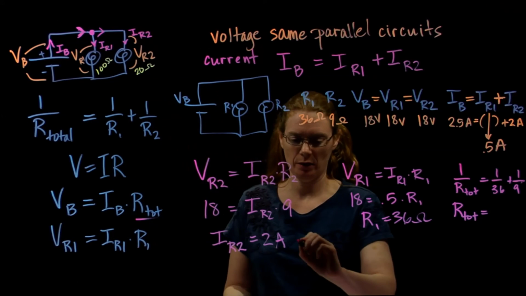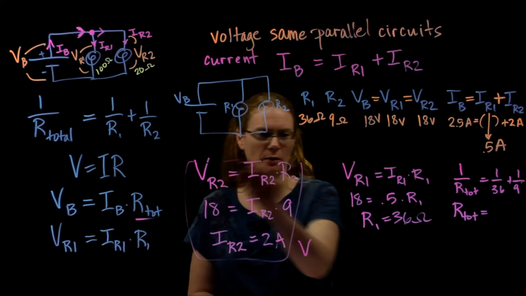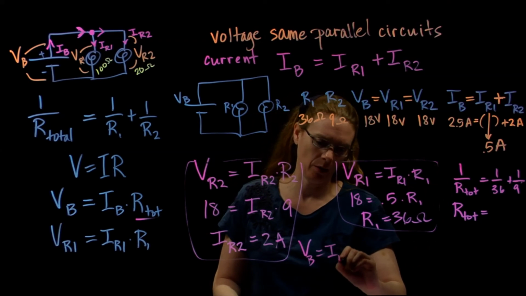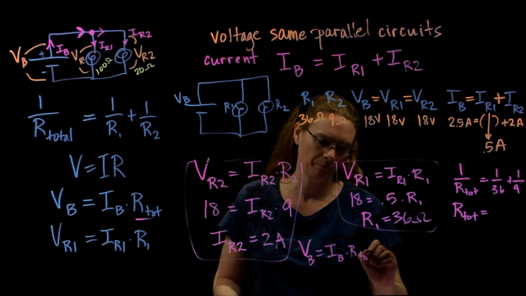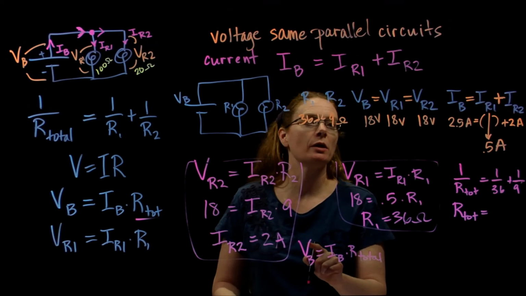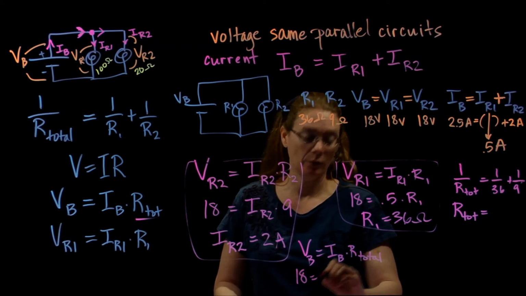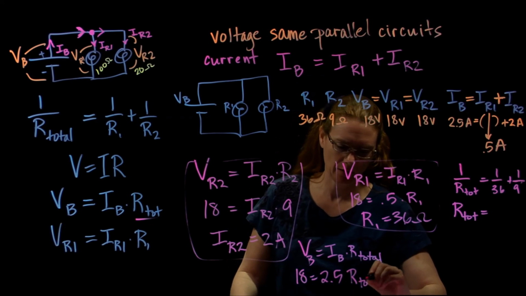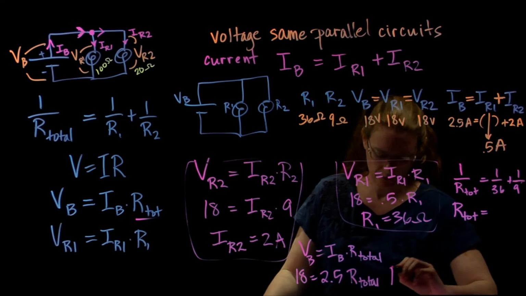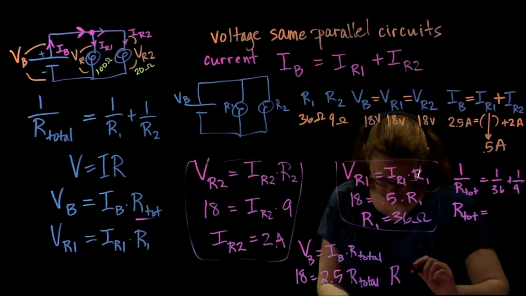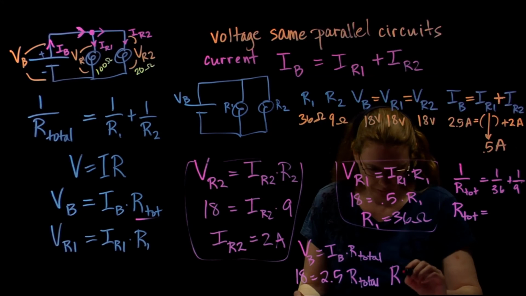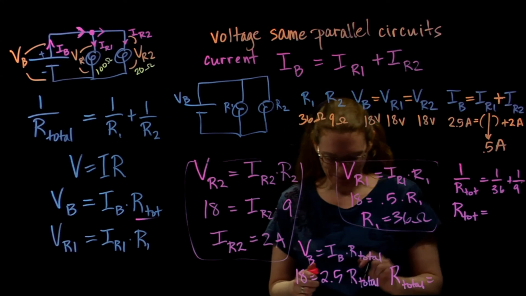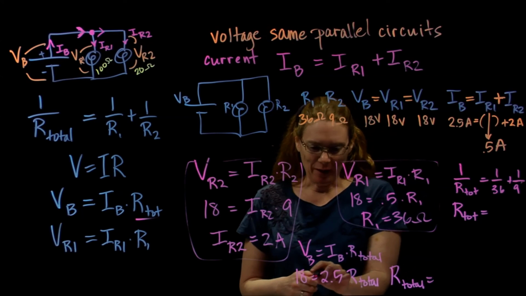I'm running out of space, sorry. There's 1, there's 2. VB equals I battery times R total. VB was 18, equals I battery, 2.5, times R total. So with this, I didn't even figure it out. I didn't do the important thing and check my own math. 18 divided by 2.5.